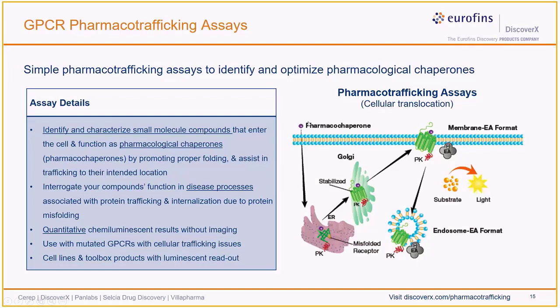So the pharmacochaperone must be able to penetrate through the cell membrane and bind to the specific GPCR and correct or stabilize the specific misfolded receptor or mutated one and allow that to be pushed all the way through to the membrane where it can function properly.